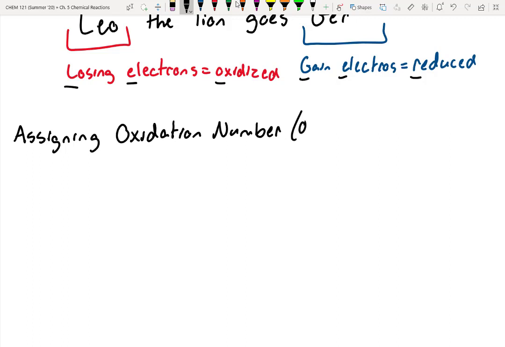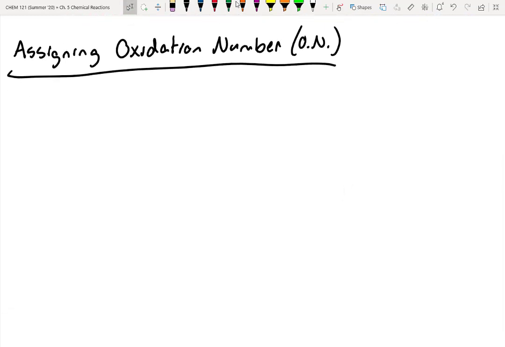I'm just going to call this ON, which is essentially the same thing as oxidation state. So I'll use that interchangeably, oxidation number, oxidation state. So let's just make a note here. So this is the same as oxidation state.